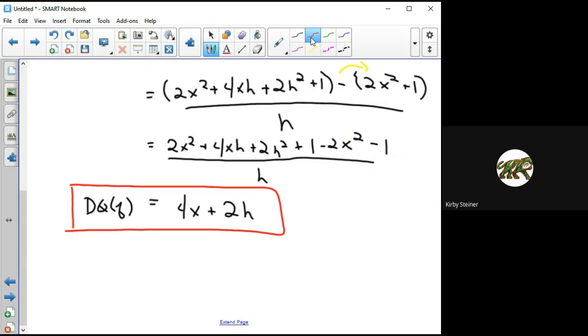Remember I said in calculus, if we want to get the slope of a function at a given point, we let h get smaller and smaller and smaller.